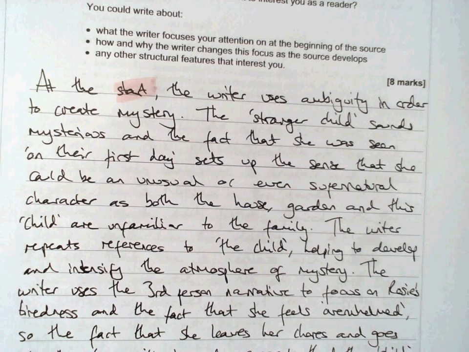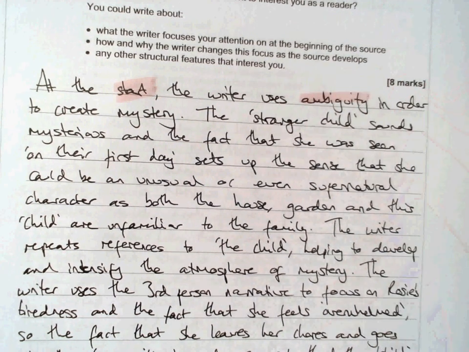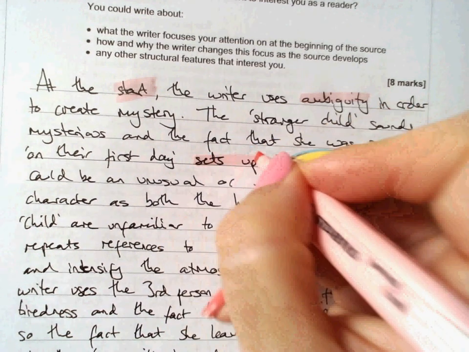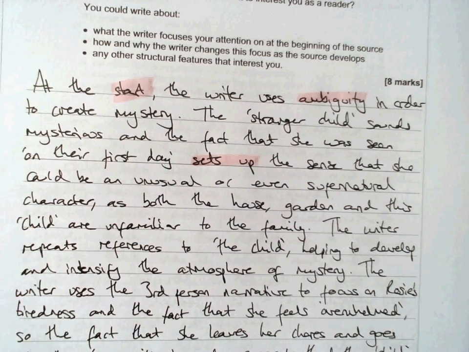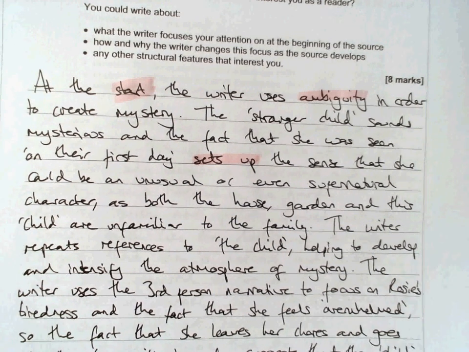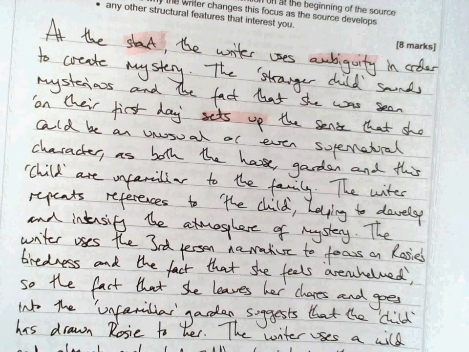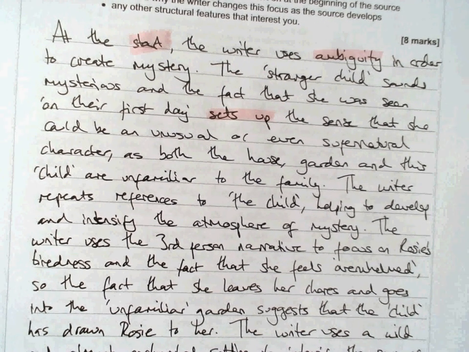So at the start, the writer uses ambiguity in order to create mystery. The stranger child sounds mysterious, and the fact that she was seen on their first day sets up the sense that she could be an unusual or even supernatural character, as the house, garden and this child are all unfamiliar to the family. So I'm giving references, I'm explaining effects, I am focusing on what the writer has put together here.